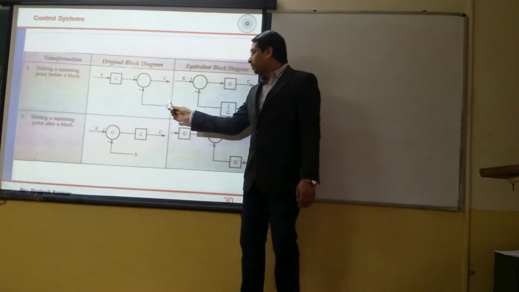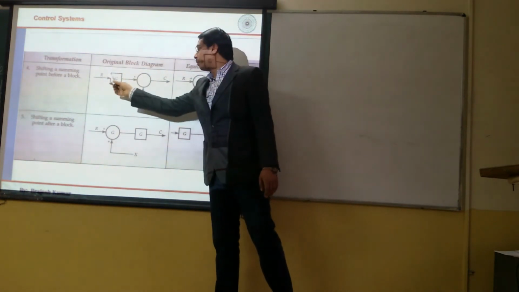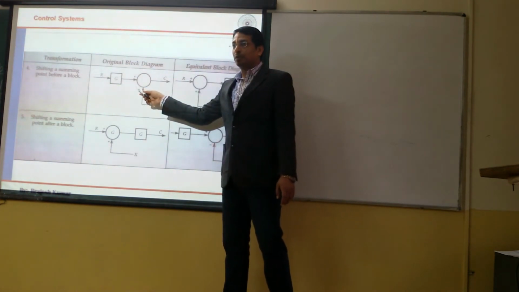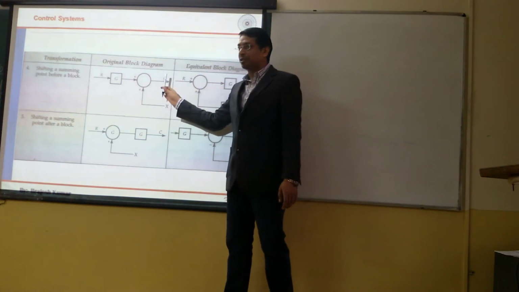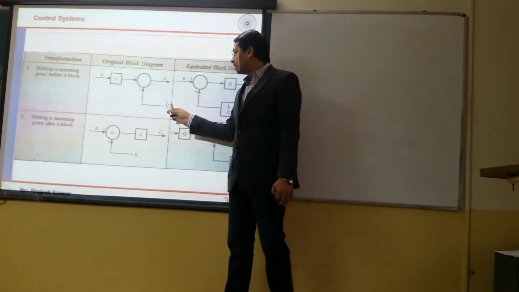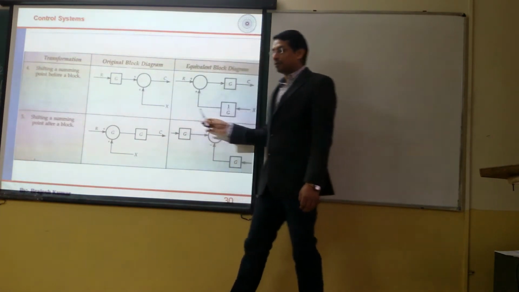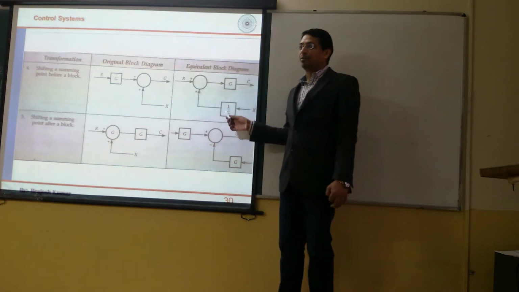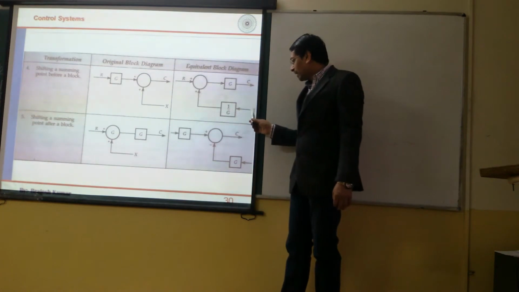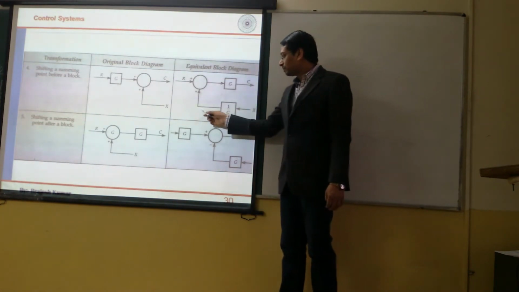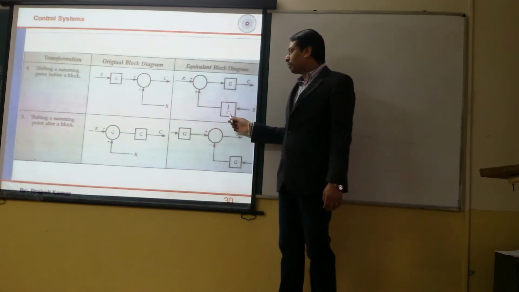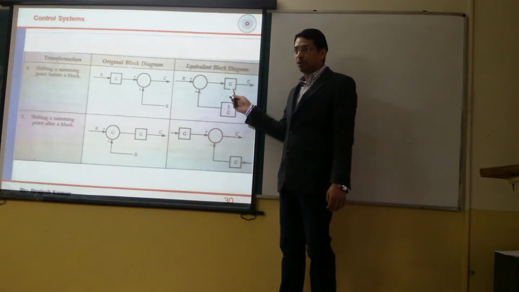What you will get in this particular configuration? When you shift this summing point beyond the block, this X is going to be multiplied by G. But in your original formulation, there is no multiplication of the G term with X. So you will pre-multiply it with 1 by G. So X is multiplied by 1 by G plus R, which is the input to this G block.